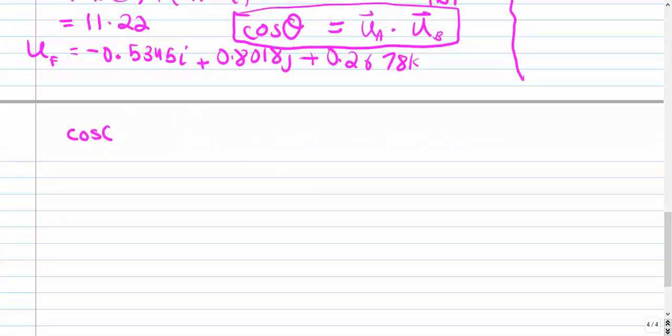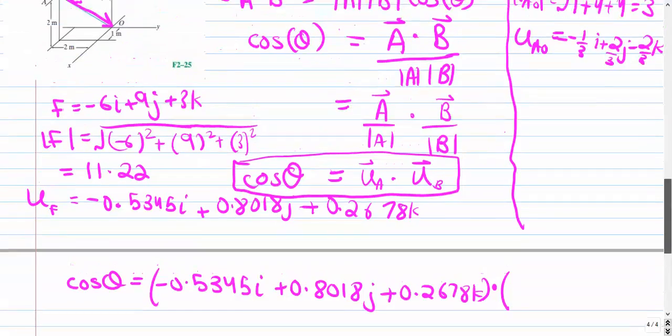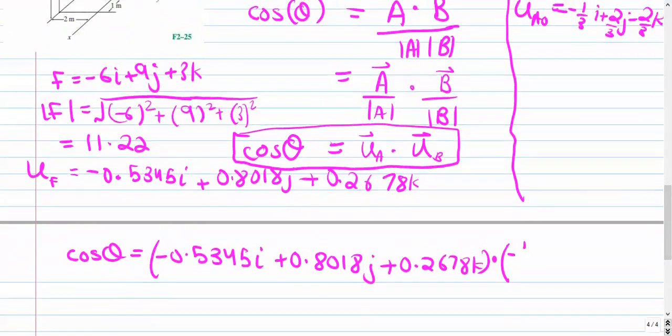Okay, so cos of theta is equal to the first unit vector, that is negative 0.5345i plus 0.8018j plus 0.2678k, and this is dot product with the second unit vector, that is negative 1/3 i plus 2/3 j minus 2/3 k.